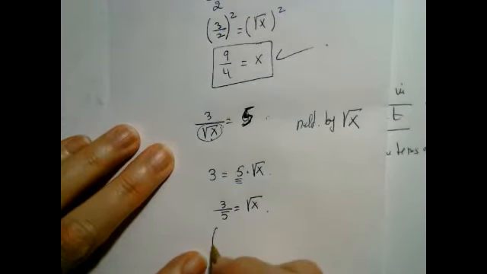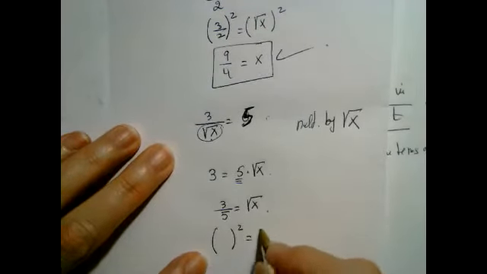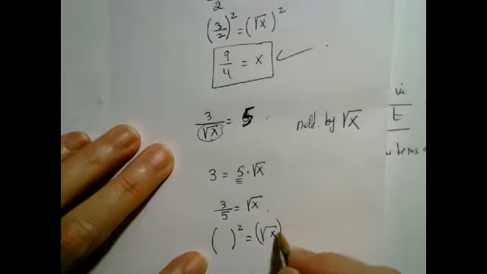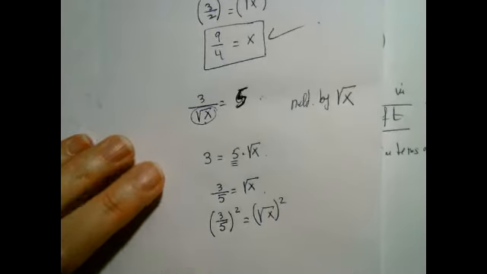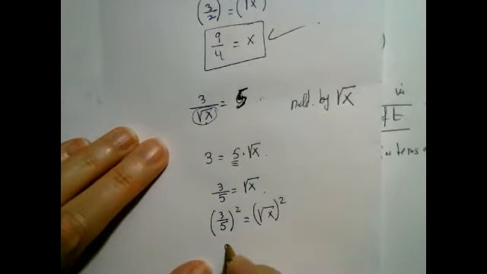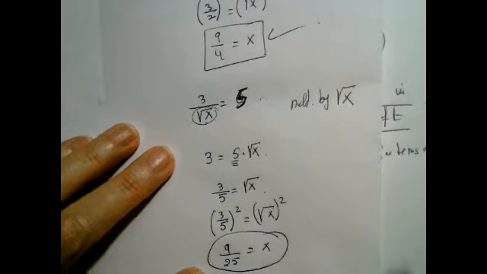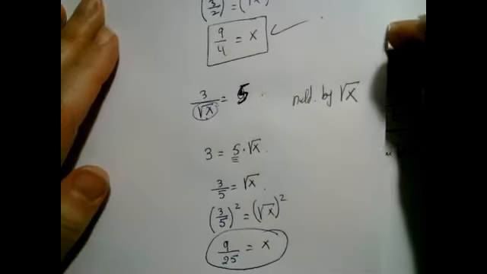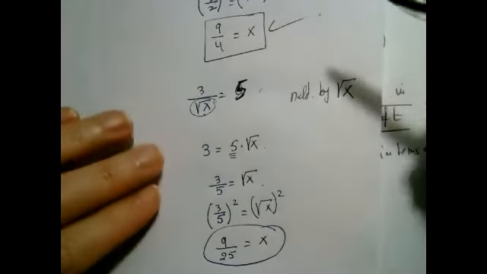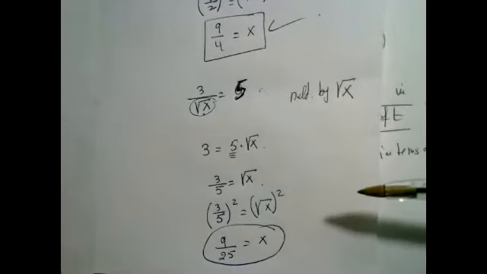I square both sides. So this square equals this square. And now this will give me 3 over 5 times 3 over 5 is 9 over 25, which is equal to x. And now I was able to solve for my x. For those who did not do it correctly, please check the work.